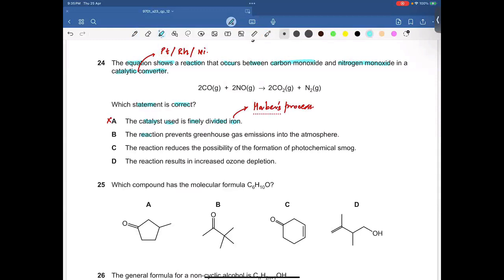Next is the reaction prevents greenhouse gas emission. Also incorrect, because carbon dioxide causes global warming and it is forming during this reaction. Look at this. So carbon dioxide is a greenhouse gas.